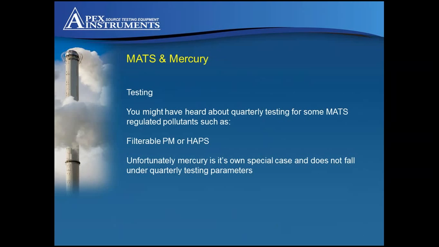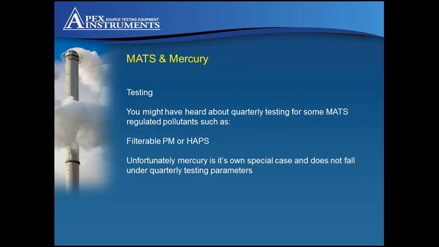So in general here, the MATS and Mercury rules, which a lot of you are familiar with, obviously there's several aspects of this MATS legislation, not only Mercury, but filterable PM, HAPs, and a couple of different things. As many of you may know, a lot of these other elements that fall under the MATS legislation are based on quarterly testing.